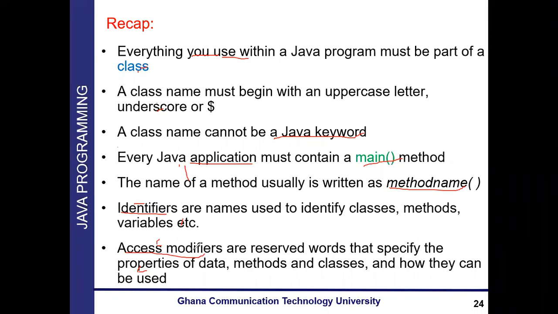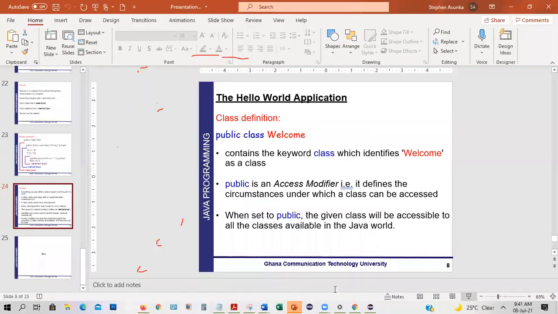So public, private, default, and those things are the access modifiers. But like I said, we're going to be using mostly public all the time because we want all the things we create to be publicly accessible. And so we'll be using public in most of our classes and objects.